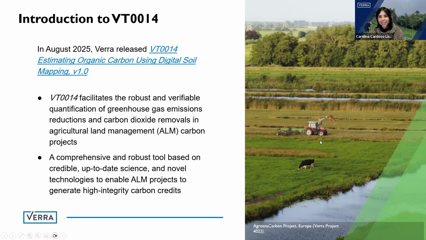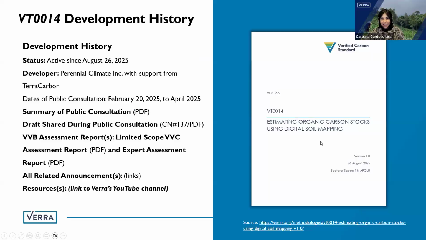Next slide, please. Thank you, Stefan. Hello, everyone, and welcome to the webinar. I will be walking you through the development history of VT14. As Stefan already mentioned, we just launched this tool in August 2025. This tool was a 30-part development lab.